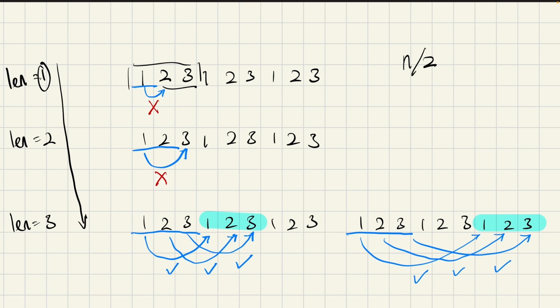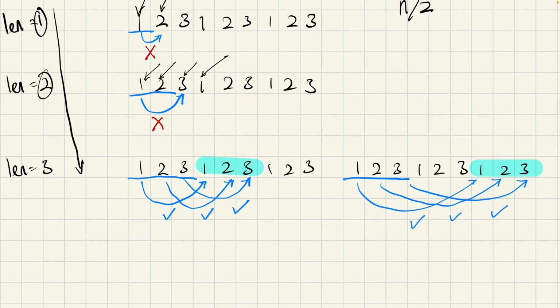So we guess first, is length 1 possible? We check 1 over here and 2 over here, this is not matching. So there's no length 1 subarray. Now we increase to length 2. 1 and 2 over here compared to 3 and 1 next. I realize 1 already doesn't match 3. This is not a repeating pattern, not a valid subarray.